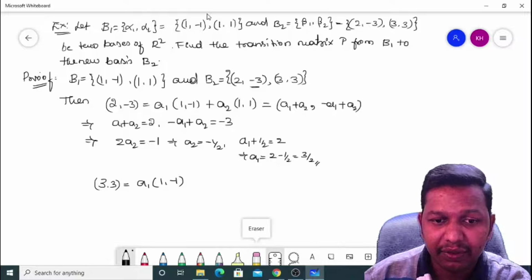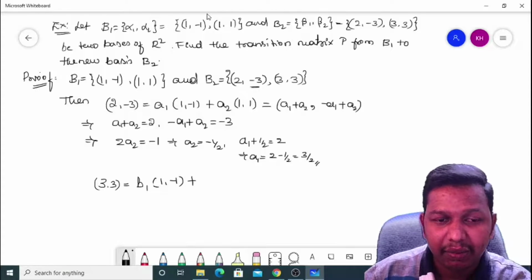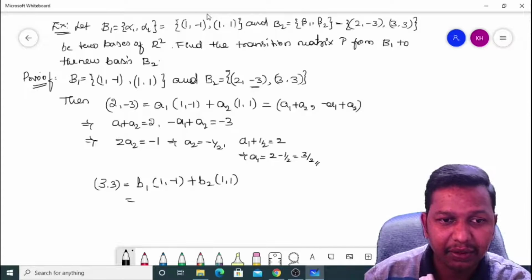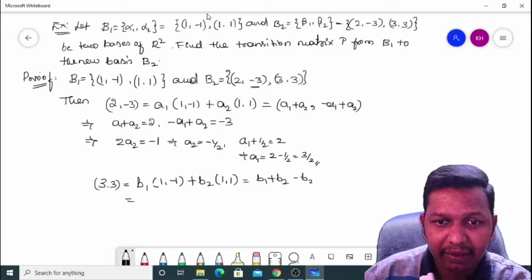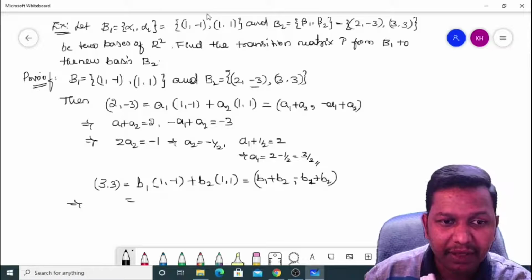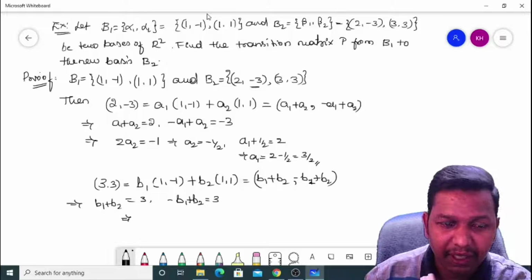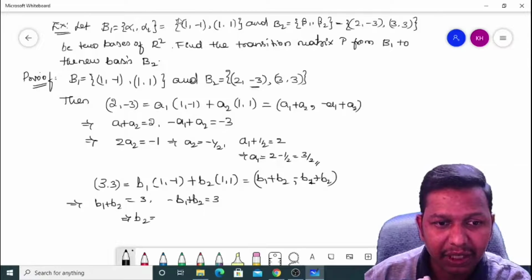If you get confused with A1, instead of A1 you may take it as B1, plus B2 times (1, 1), which equals (B1 plus B2, minus B1 plus B2), which gives us the equations B1 plus B2 equals 3 and minus B1 plus B2 equals 3, which gives the values B2 as 3 and B1 as 0.